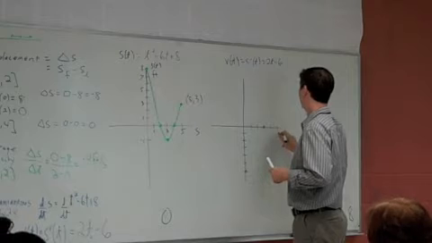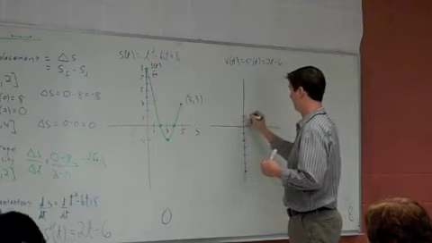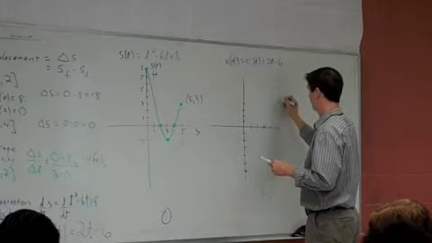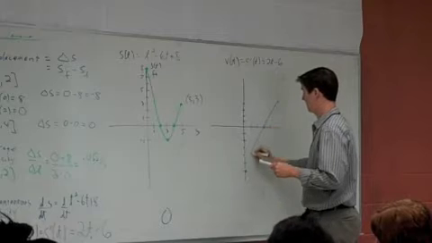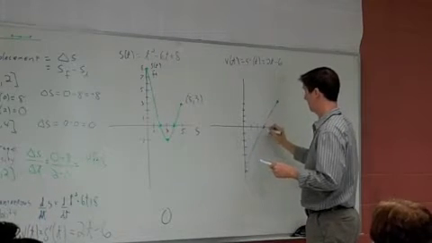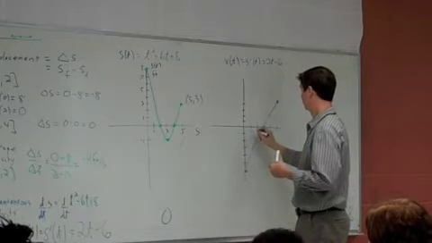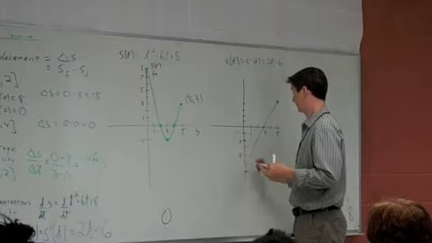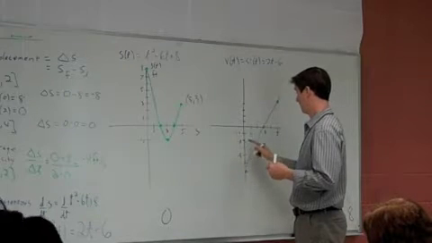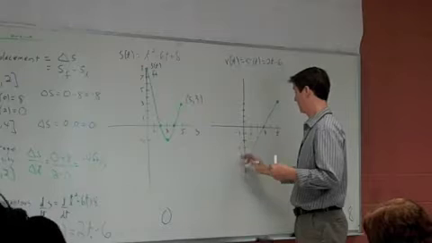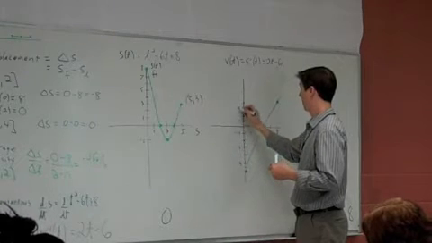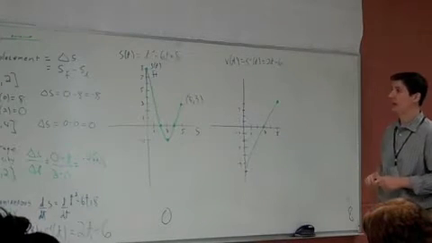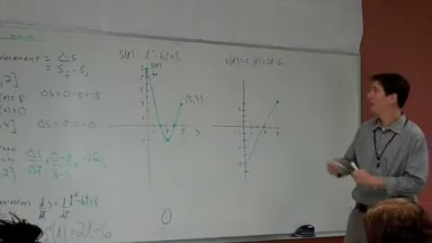And then at 5, this is 4. Picture on the interval, again, this is on the interval 0 to 5.